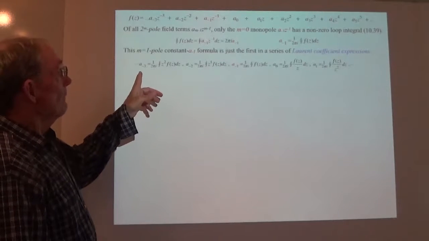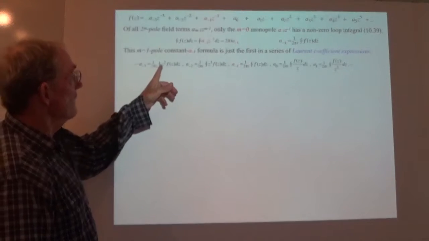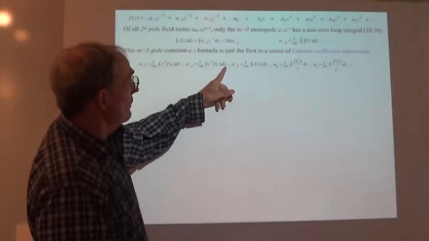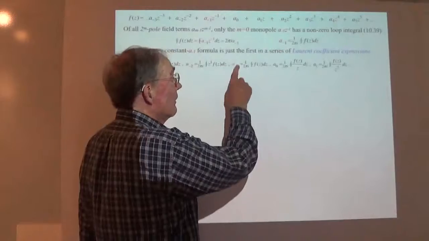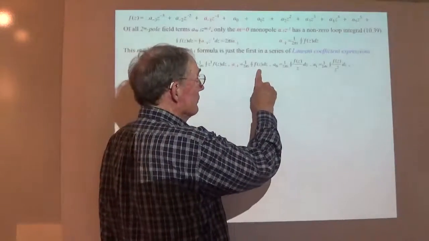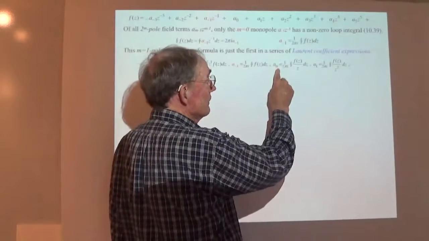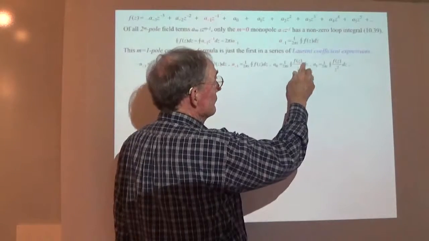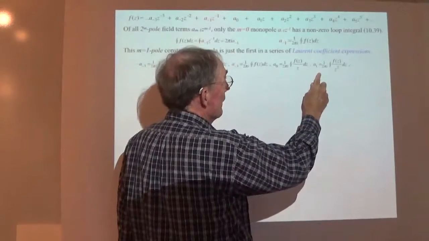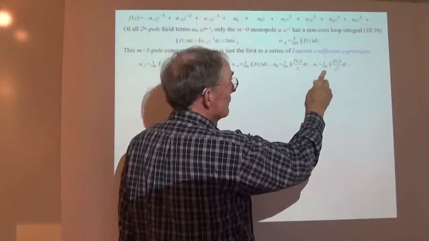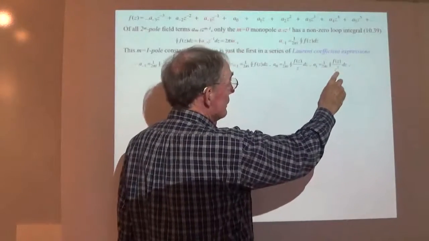So what we're looking at here are coefficients that will just be, first of all, the one that isn't a residue, but then there'll be numbers associated with f of z, assuming that's an analytic function, over z, or that's going to be the a0, then a1 will be this over z squared.